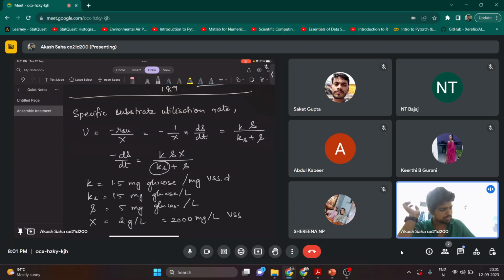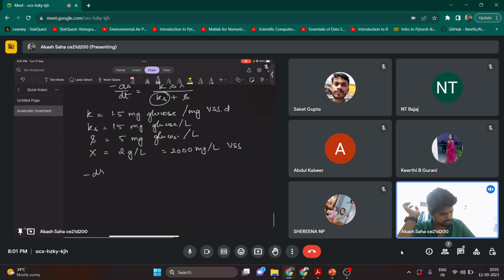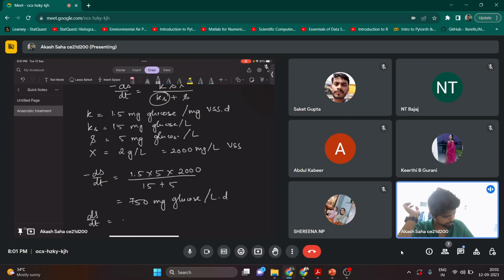Okay, so everything is given. So now my minus ds by dt will become 1.5 into 5 into 2000 divided by 50 plus 5, which will be equal to 750 milligram glucose per liter day. So ds by dt will be equal to minus 0.75 gram glucose per liter day.